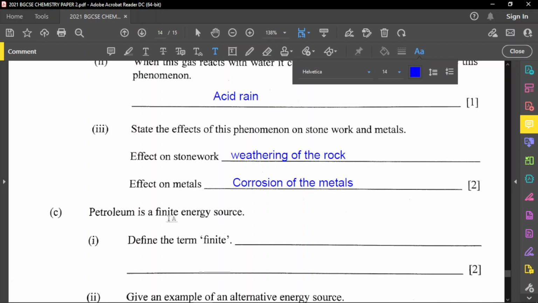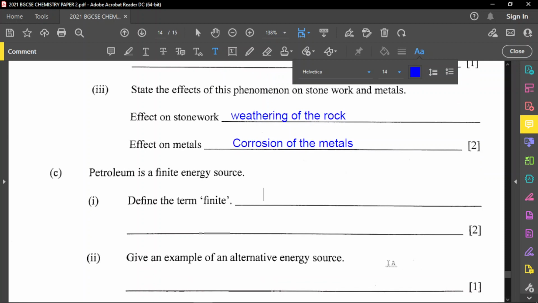Here now, it said petroleum is a finite energy source. Define the term finite. What it means to be finite in terms of energy is that you are using the resource faster than it can be replaced.